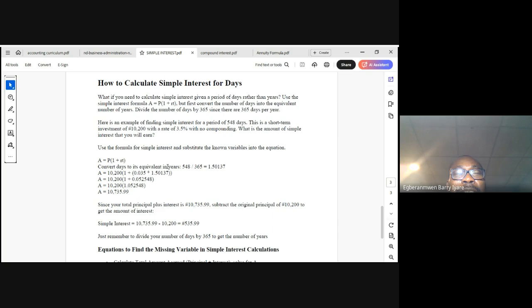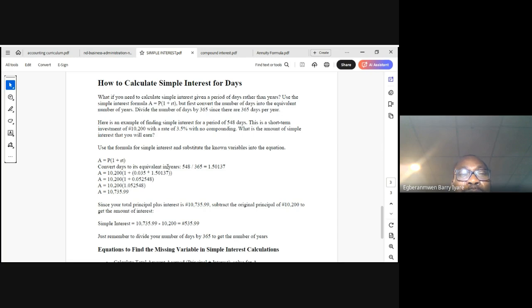So you sub all these variables into the formula. When you simplify that, you will get 535.99. But if we use this formula for amount, it's still the same process. When you do it, you get the amount, which is 10,735.99. Subtract the principal, which is 10,200, from the amount. That will give us 535.99.